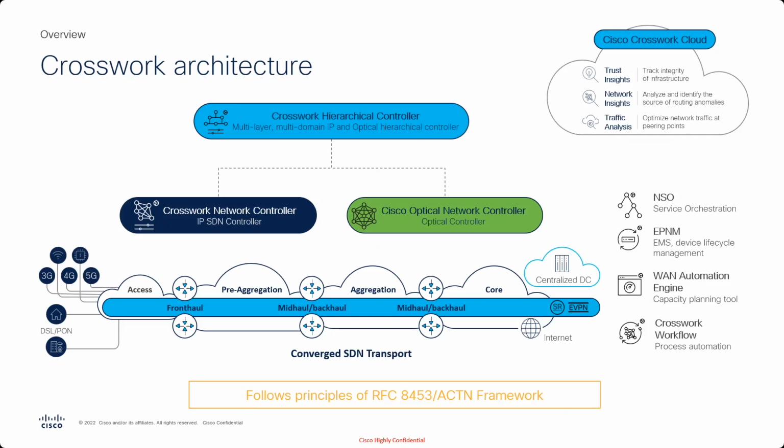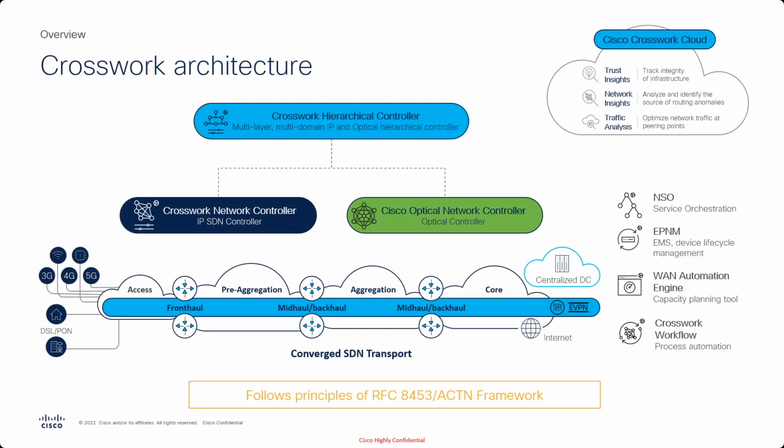It can be used as a discrete component, for instance if your customer just wants to provision a multi-vendor network. NSO is very popular because it has a lot of adapters for different vendors and different technologies. But this component is also used inside our architecture, inside our controller, for the same function.